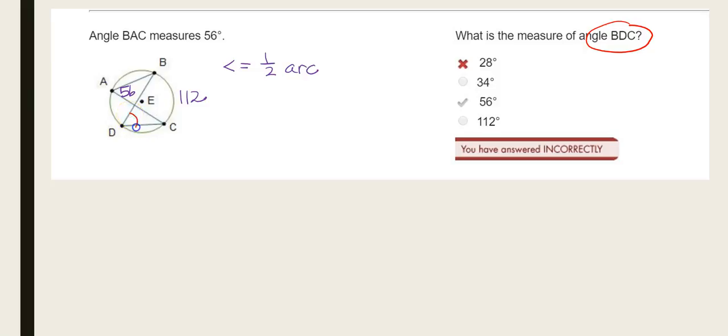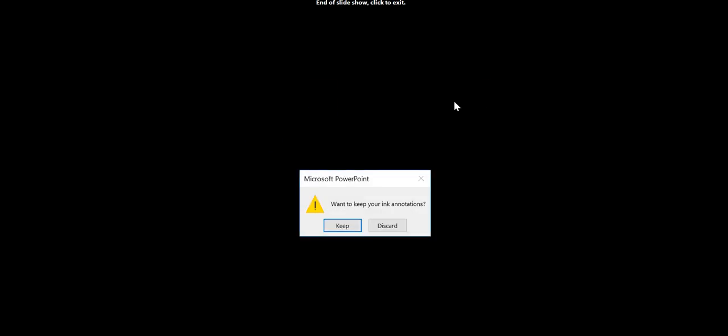Angle BDC is right here, and it actually shares the same arc. So again, that angle is equal to half that arc, which happens to be 112 degrees. So half of that would be 56. So your answer here would be 56.